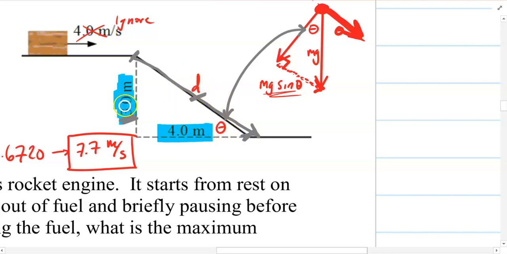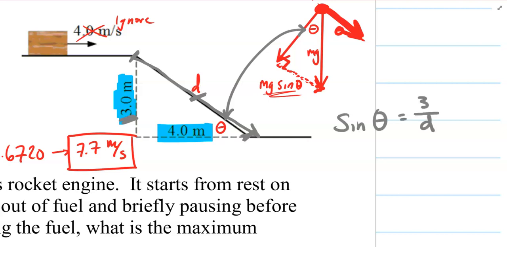Yes, that was right. The opposite side length 3 divided by the hypotenuse d means that the hypotenuse length d is 3 divided by sine theta.